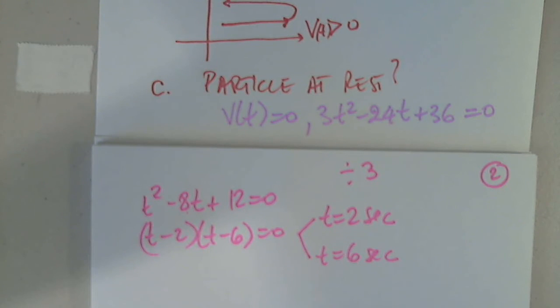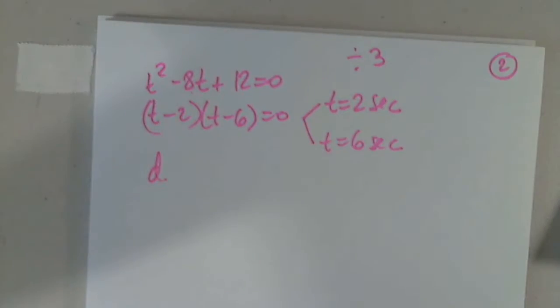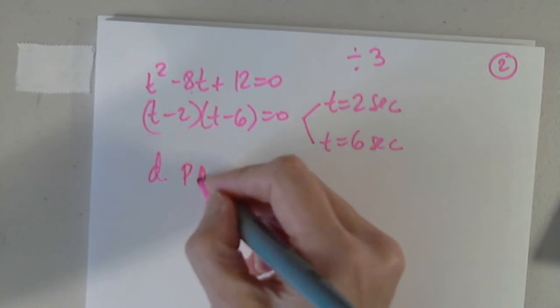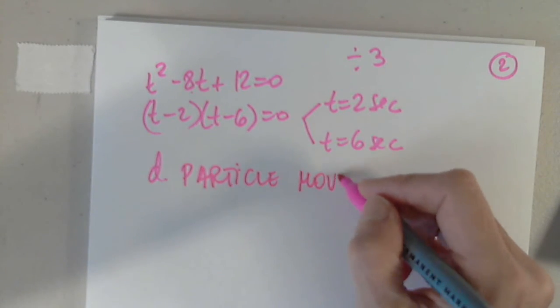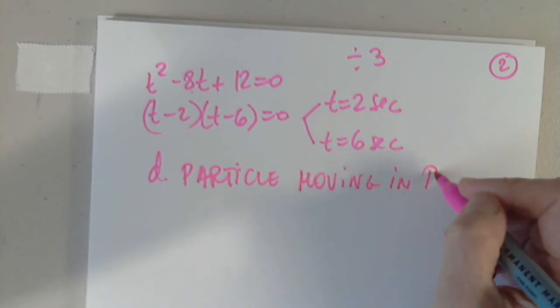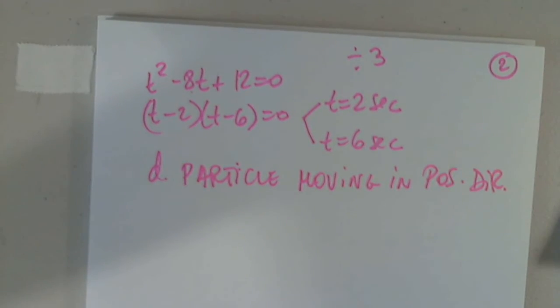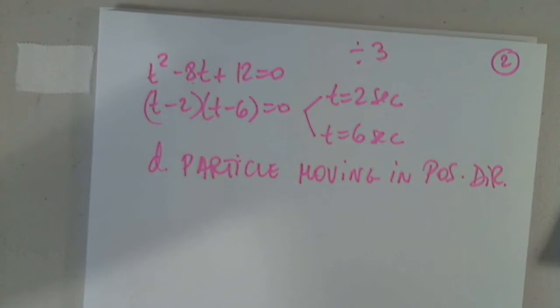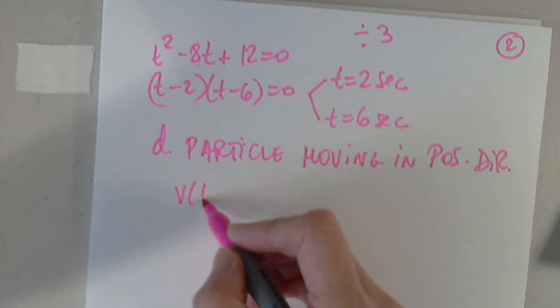Part D, when is the particle moving in the positive direction? Particle moving in positive direction. I don't know, but I know how to study the sign of v of t.